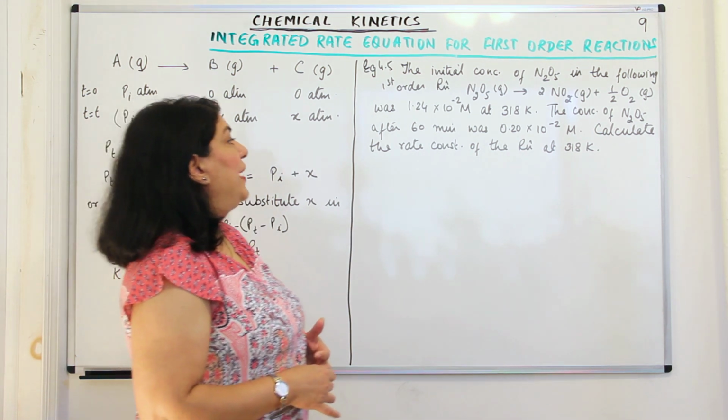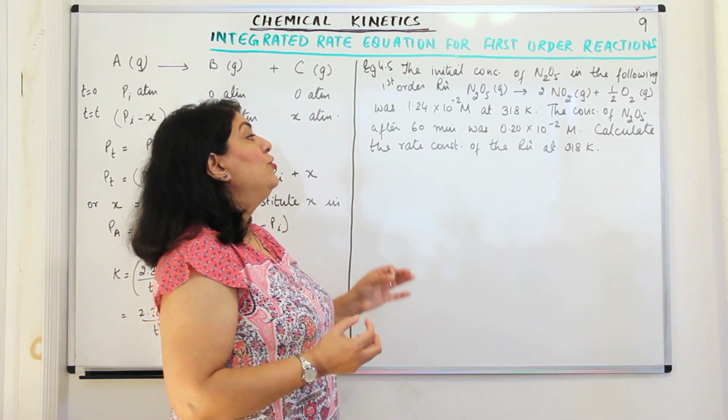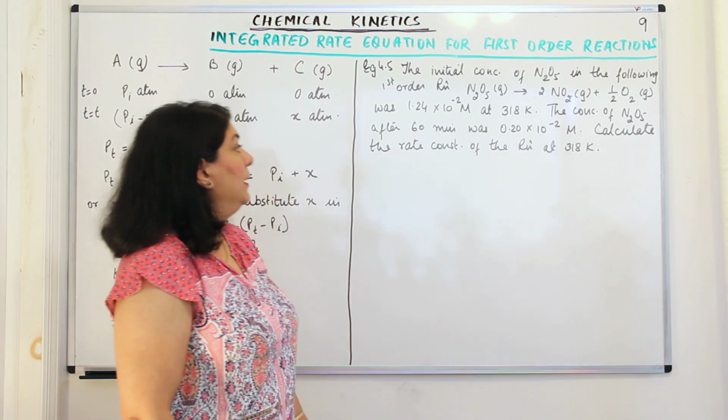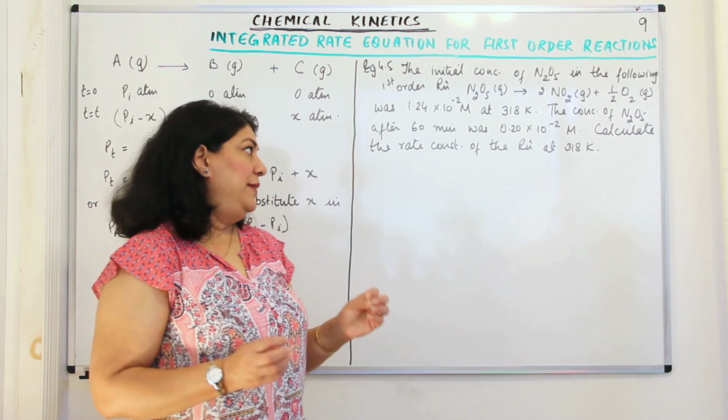The concentration of N2O5 after 60 minutes was 0.20 into 10 to the power minus 2 moles per liter. You have to calculate the rate constant of the reaction at 318 Kelvin.